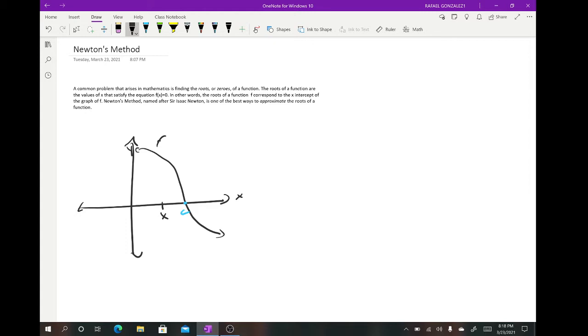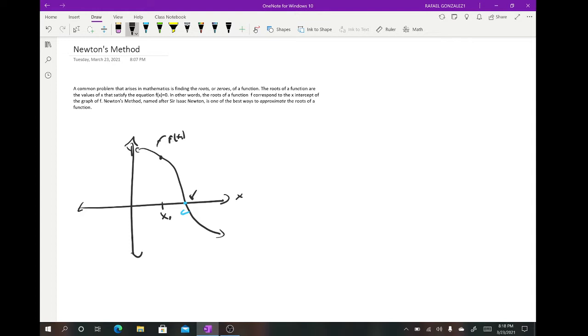Mind you, it's nice when we have a graph, but if we don't have a graph, this actually becomes much more difficult. Anyway, let's say we pick a point on the x-axis. Let's call it x1.